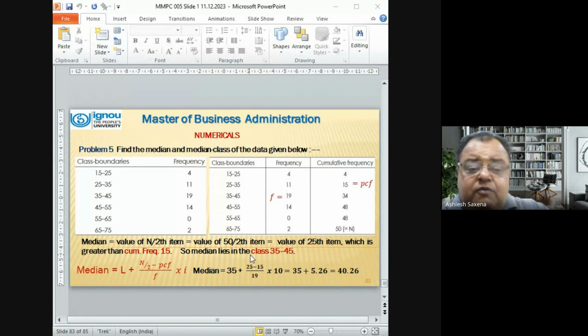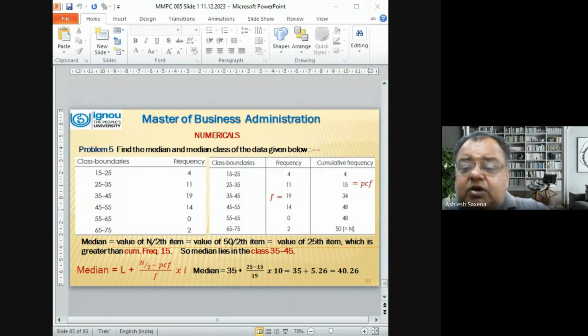Now we will move to the second part, that is the median. Median has the formula L plus (n by 2 minus PCF) upon f into i. Now, L is this number 35. PCF is the preceding class cumulative frequency, that is 15.